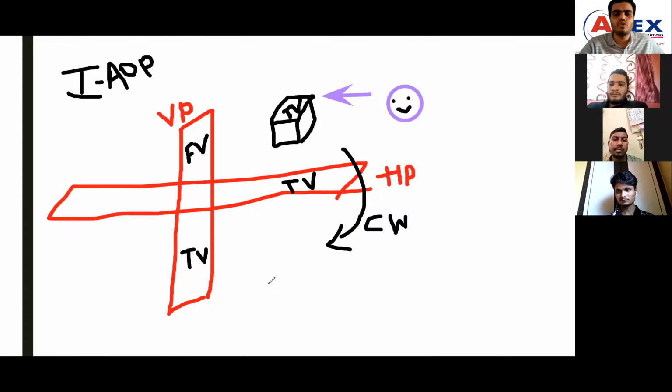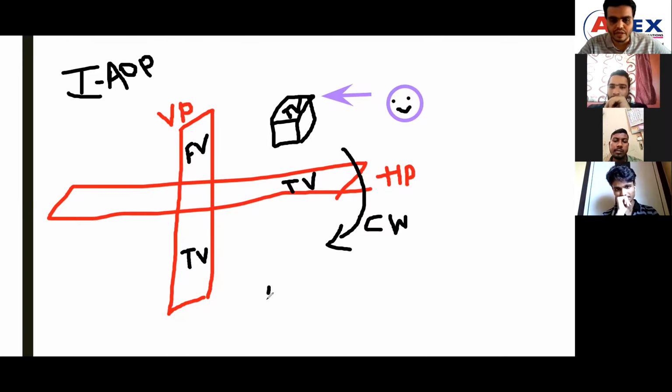So with respect to the front view, we need to project all the views. In first angle of projection, the top view is very difficult for the observer to observe, right? So what we have done here is rotate the horizontal plane in a clockwise direction. The top view will come in the bottom of the front view, right?